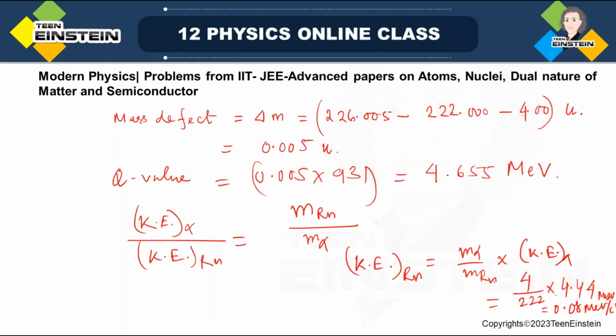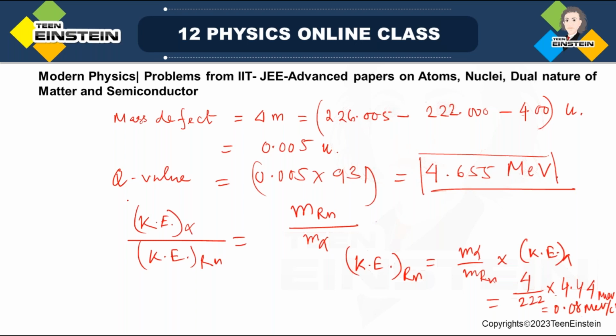And this is the kinetic energy of the radon. So the total Q value must have been released this much, right? And the radon has recoil energy of this much.